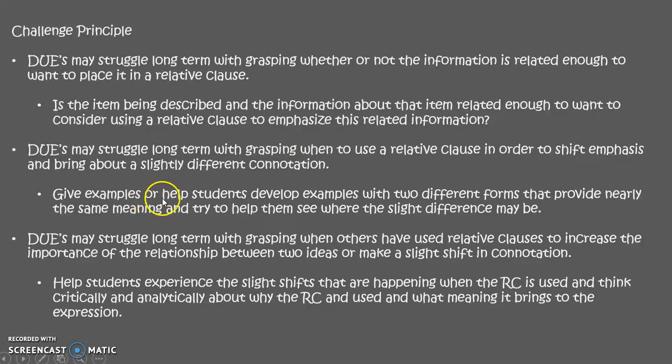You can give them examples or help the students develop examples with two different forms that provide nearly the same meaning, like I showed you in the examples on the previous slide, and try to help them see where the slight difference in connotation may be in combining them. And yeah, you could do that same thing here, where you're providing them with information about an item and allowing them to decide, should we combine it into a sentence or not?